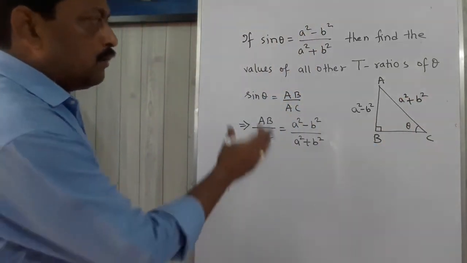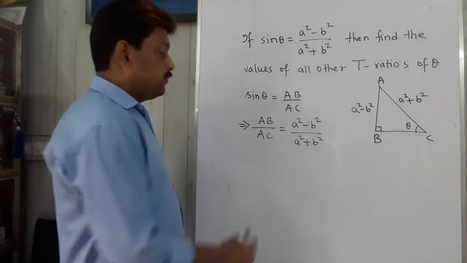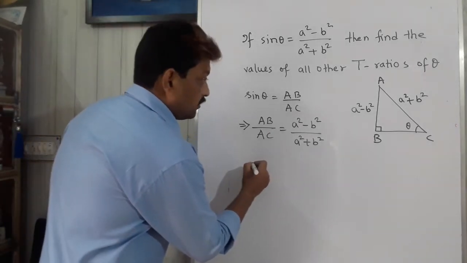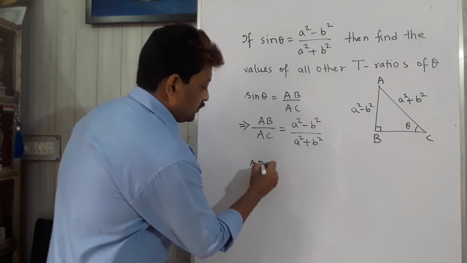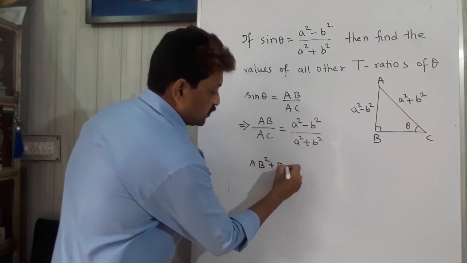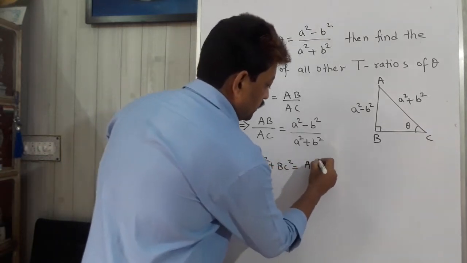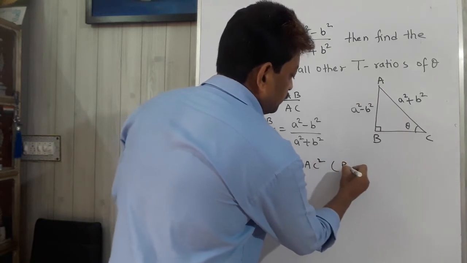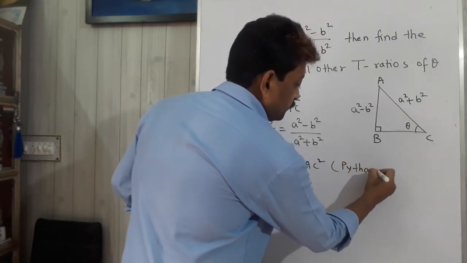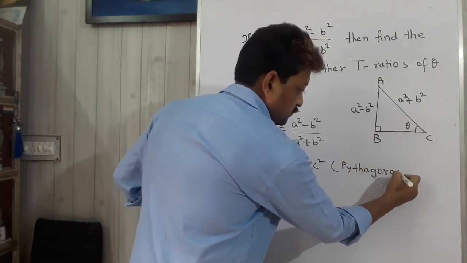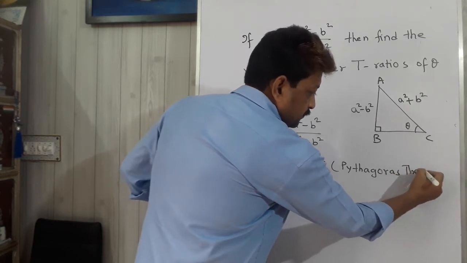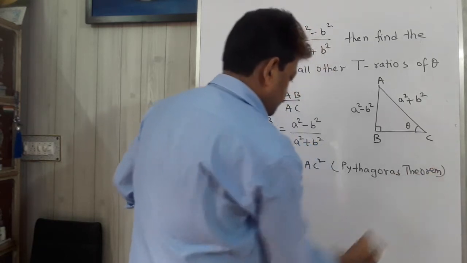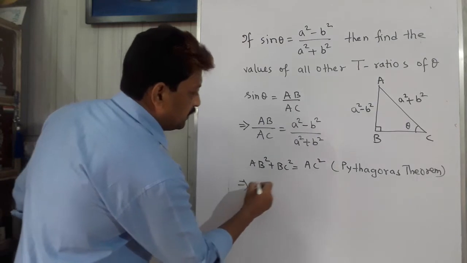Okay, now applying Pythagoras theorem, just see that we have to find BC. So AB square plus BC square is equal to AC square. This is Pythagoras theorem. Now let me replace the values.